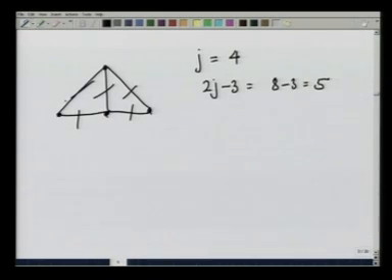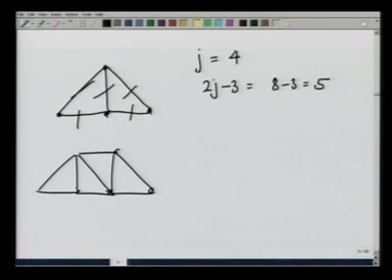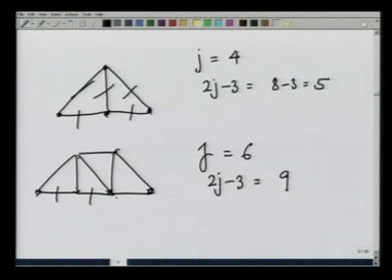This is a statically determinate structure. The other structure that I made was like this. The number of joints here is equal to 1, 2, 3, 4, 5, 6, and therefore, 2j minus 3 is equal to 9, and I have 1, 2, 3, 4, 5, 6, 7, 8, 9 members. So, this is also a statically determinate structure.